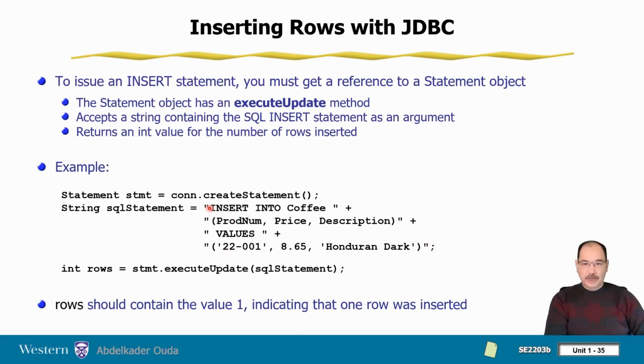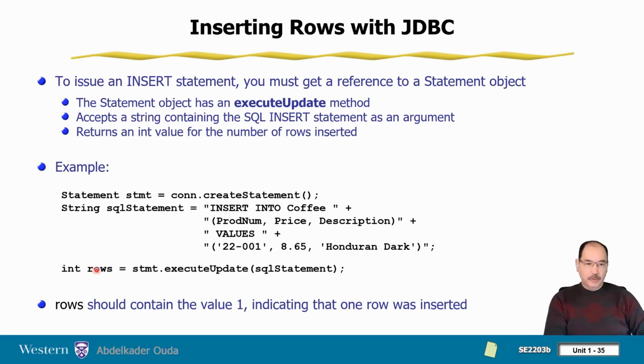Notice that the way I'm concatenating the command is just normal string manipulation you are used to doing in many different uses in your Java applications. Then I have one complete string that represents one SQL statement, and then I'm using executeUpdate, not executeQuery, and sending this string as a parameter.